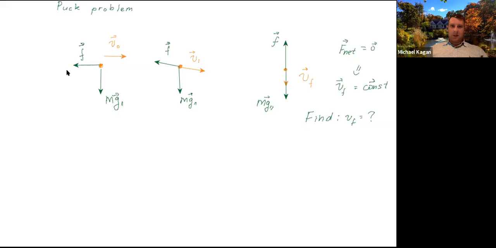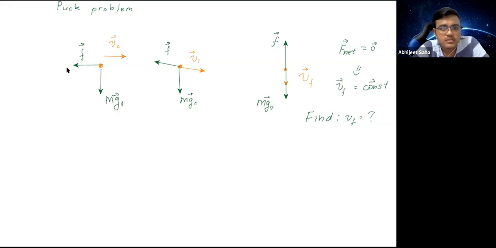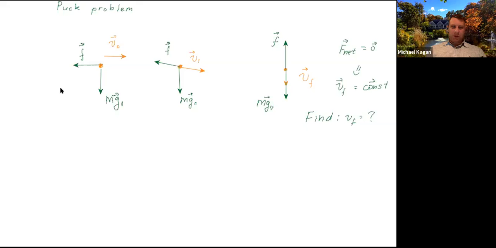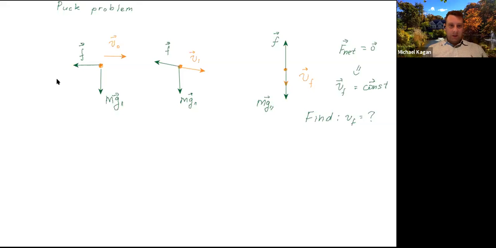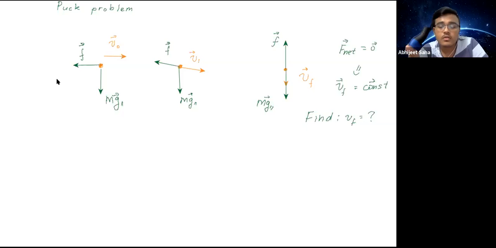Just write those equations down. So is this without friction? Maybe that's why I was confused. Is this without friction or with friction? No, if there was no friction, it wouldn't be interesting. So what is mu? Mu is the coefficient of friction. You don't need to use it.